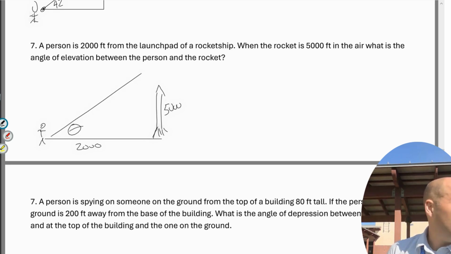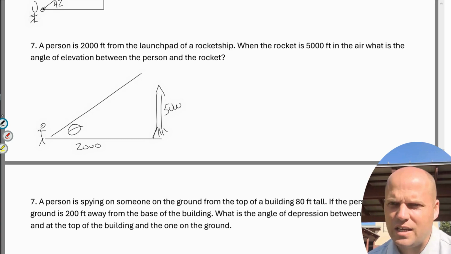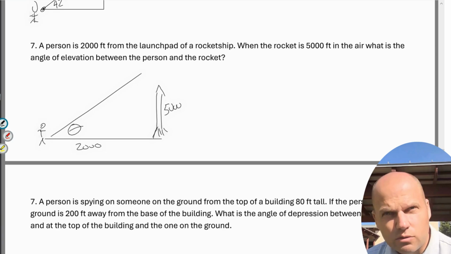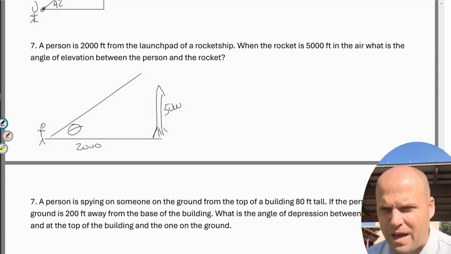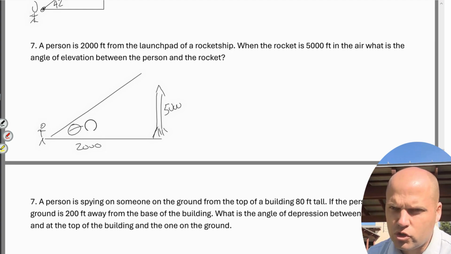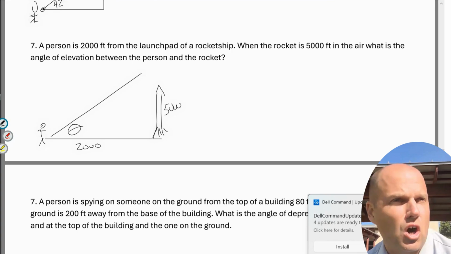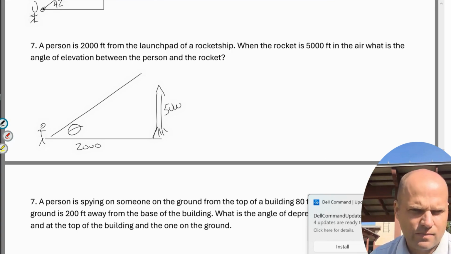Introducing this variable theta. Theta is what Greeks have used for angles since the Greeks started with mathematics. So we can start using theta. We can also use x. We can also use a star, whatever we want. But we're going to use theta.